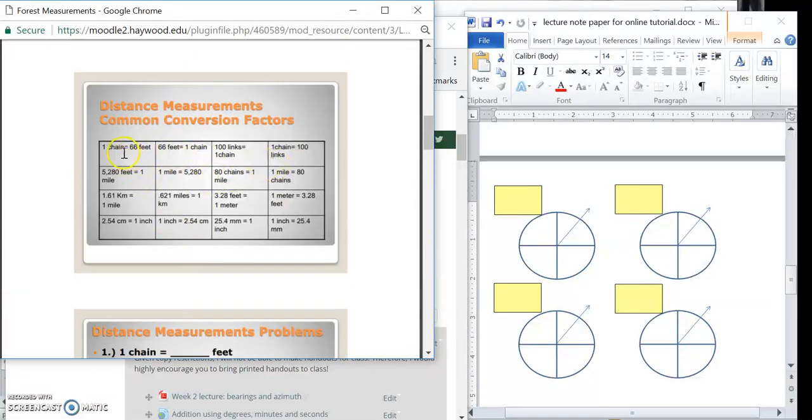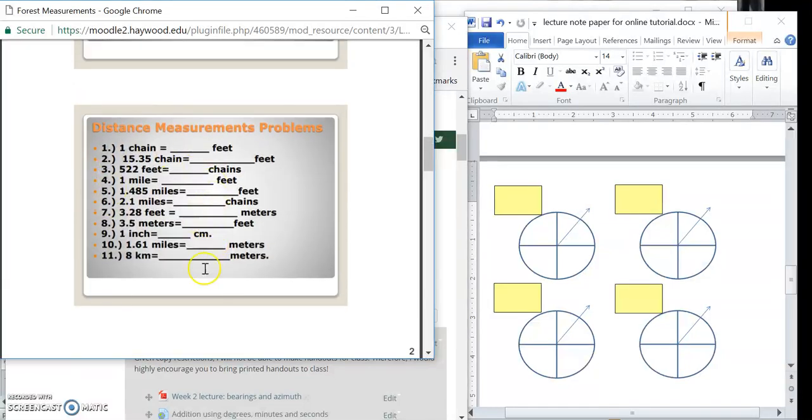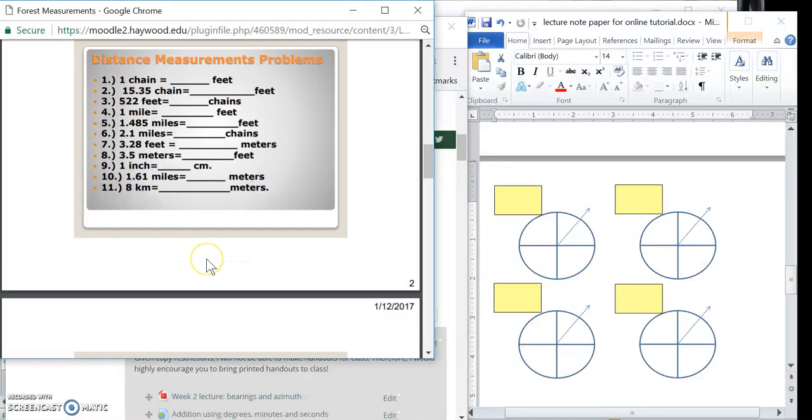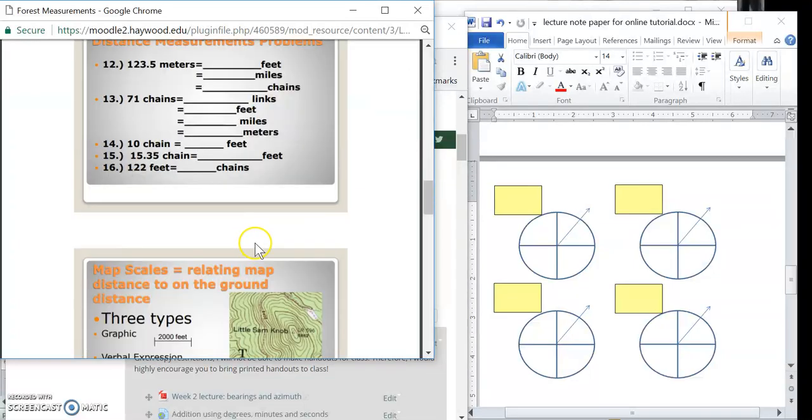You need to be aware of a lot of these different scales, what a chain is, how many feet in a mile, how many chains in a mile. We do play a little bit around with some of the metric units. Walk your way through some of these exercises, and that'll certainly help you in making some of those conversions.